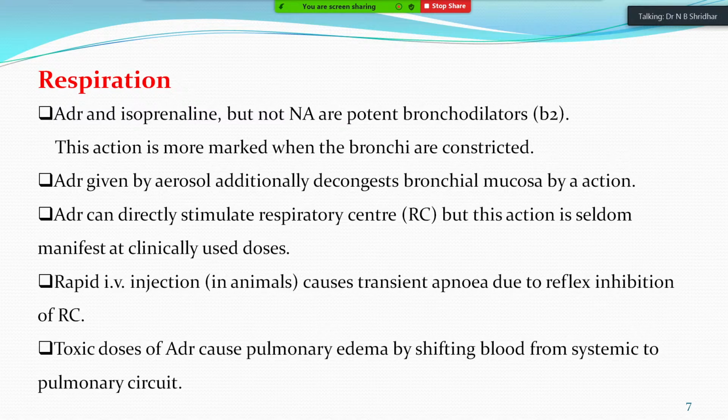If you administer more and more of adrenaline, there will be formation of pulmonary edema because a lot of blood will flow to the pulmonary arteries and capillaries, and fluid oozing will be present in the lungs, and this is known as pulmonary edema.